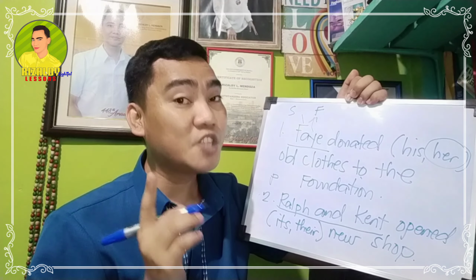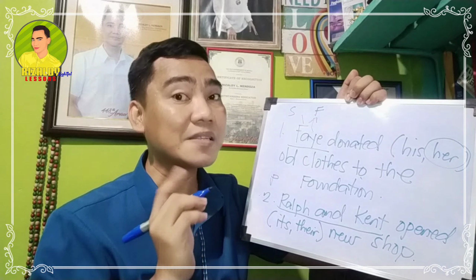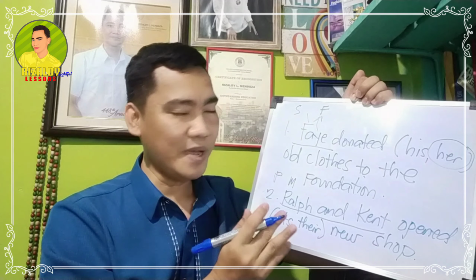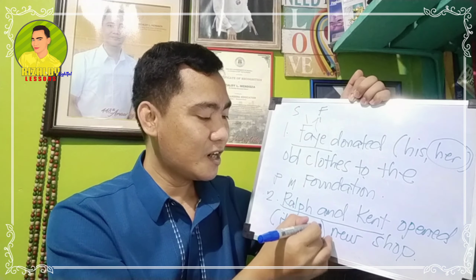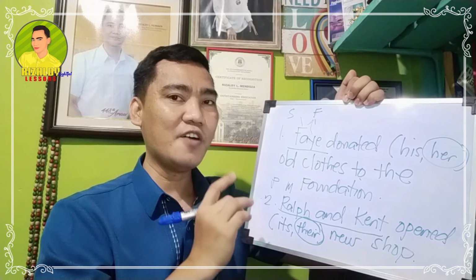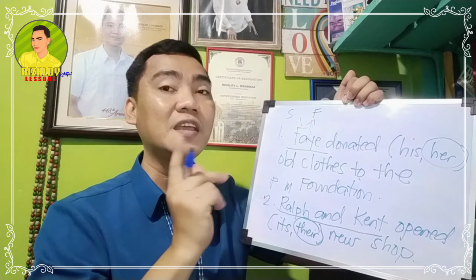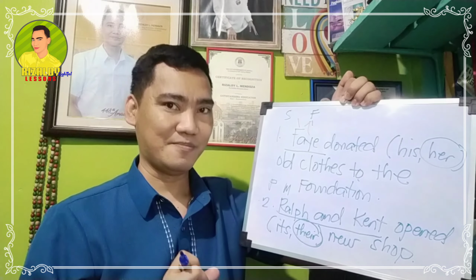What gender? Are they feminine? Are they masculine? So the gender is, very good, masculine. So we are talking about two of them. Then it must be their. So their new shop. Ralph and Kent opened their new shop.